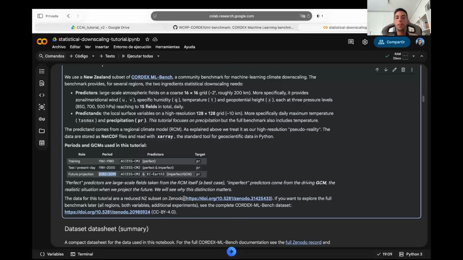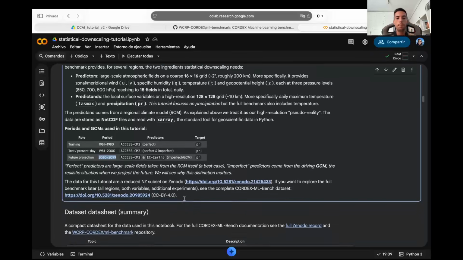So I have created for this tutorial a subset of this benchmark dataset, so you can work with it either in Google Colab or your local PC, and you don't have to dedicate a lot of time to download the data. I think that this subset version is around 3 gigabytes, so it works fine on Google Colab. You should be able to work with it without any problem.